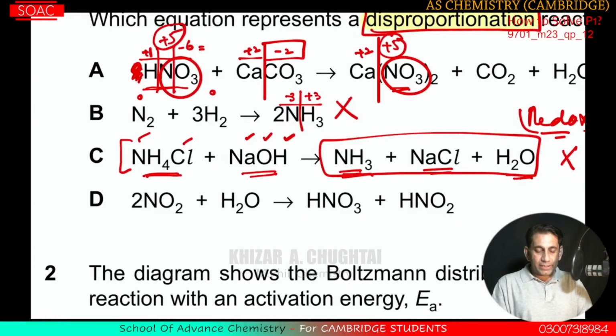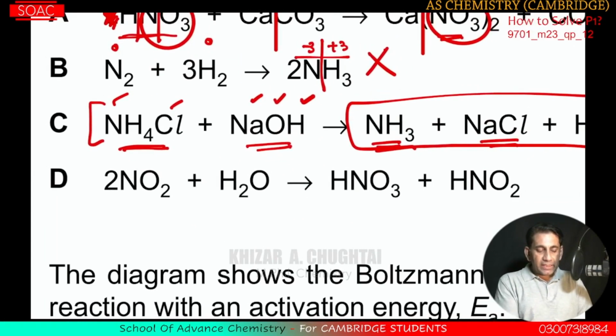Let's see how it is. Here is NO2. Oxygen is -4, so nitrogen is +4. The initial oxidation state of the nitrogen is +4. I'm going to jump towards these two nitrogen species.